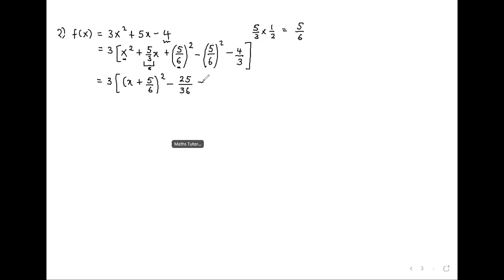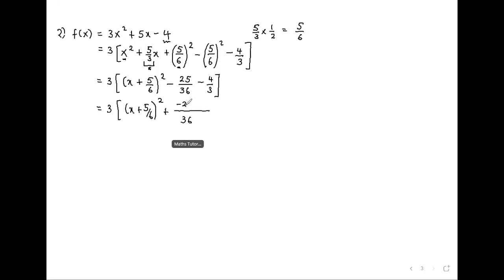Minus 4 over 3. This is 3x plus 5 over 6 squared, 36 down.